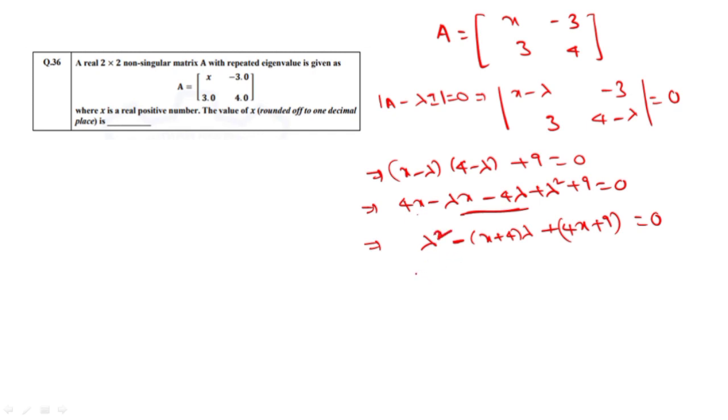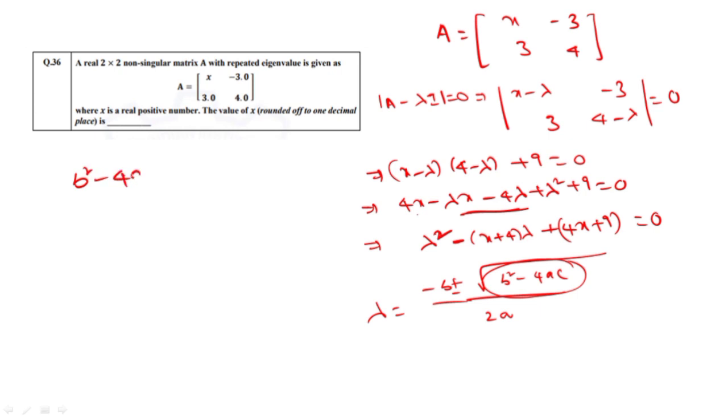So the roots are lambda equal to minus b plus or minus root of b square minus 4ac by 2a, and if the roots are equal, then b square minus 4ac equals 0. Using that formula, b square is x plus 4 whole square, minus 4 into a, which is 1, into c, which is 4x plus 9.